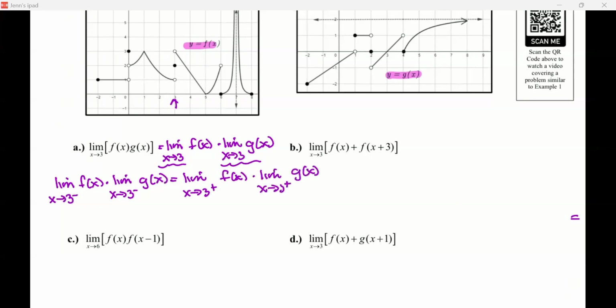So just because it appears that this limit does not exist, remember, you're taking the limit of a product. Before you say this is a DNE, you've got to look at the limit of the product from the left to see if it's equal to the limit of the product from the right.